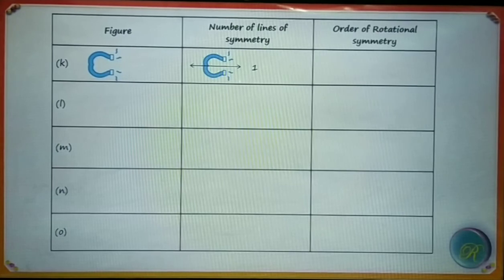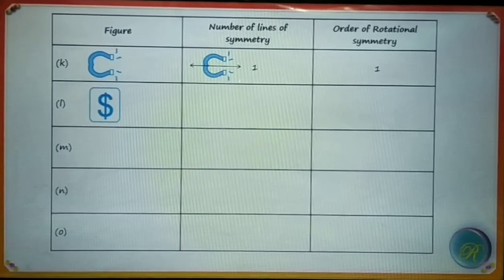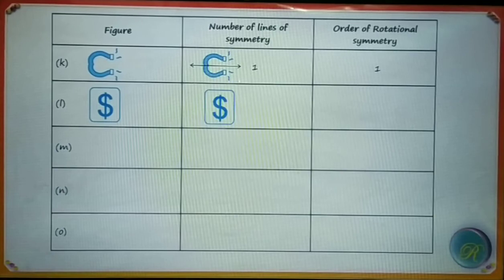Order of rotational symmetry 1. Figure L. Number of lines of symmetry 0. Order of rotational symmetry 2, because angle of rotation is 180 degree.